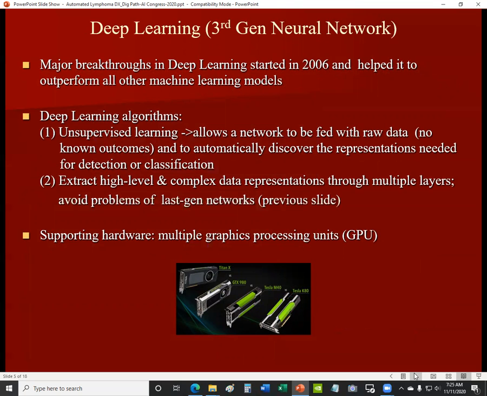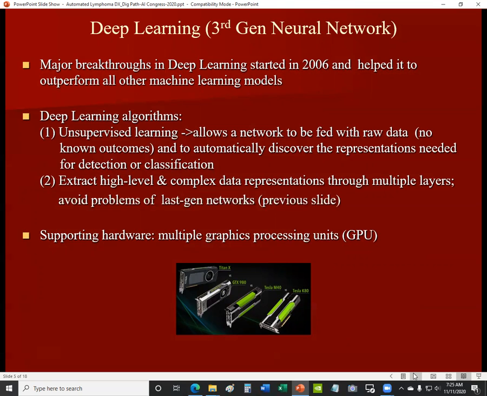It allows a network to be fed with raw data with no outcome and to automatically discover the representation needed for detection or classification. It extracts high-level and complex data representation through multiple layers. And this avoids the problems of previous generation network shown in previous slide.